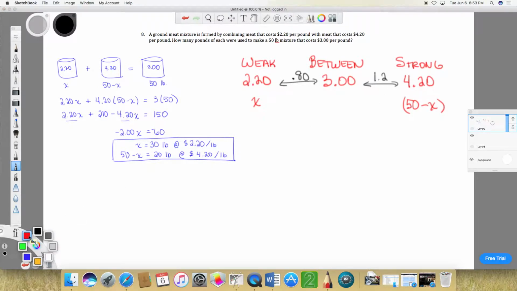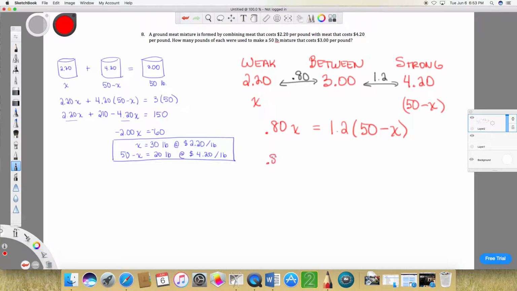So we take this small product of the distance times the weight and set it equal to the distance times the weight. That's where it's getting its name, the seesaw method. If you think of it as a seesaw, the lesser amount needs to be that distance to average it out, to equal it out.